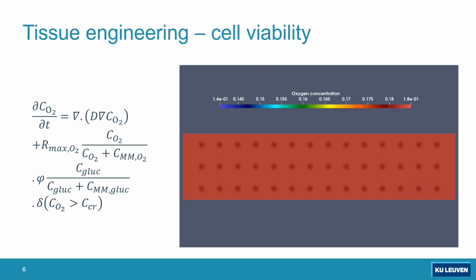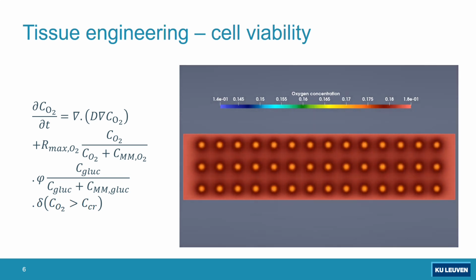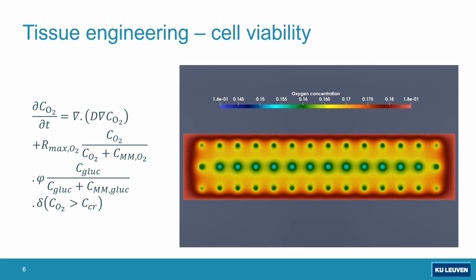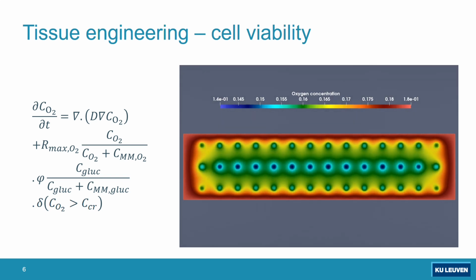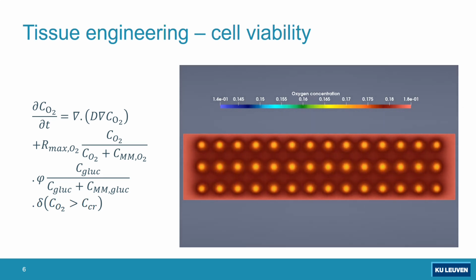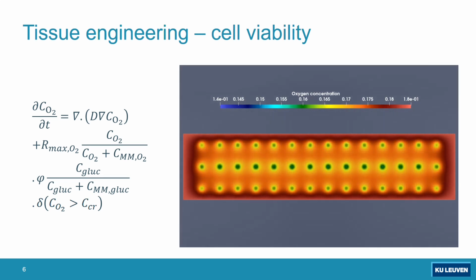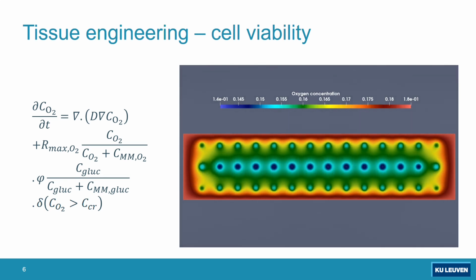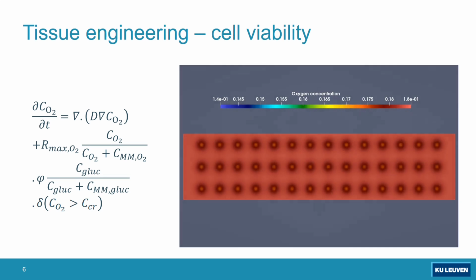We put a group of cells inside a medium, and then they start to consume oxygen. What you see here as the colors is the oxygen concentration, and the phenomenon is described by the equation on the left. You can see cells start to consume oxygen to survive. Again, solved with a finite element model.